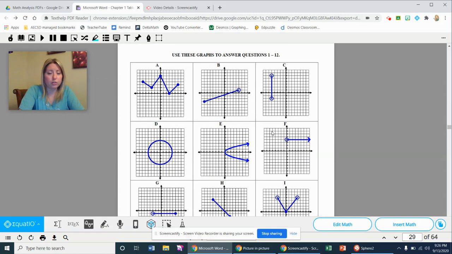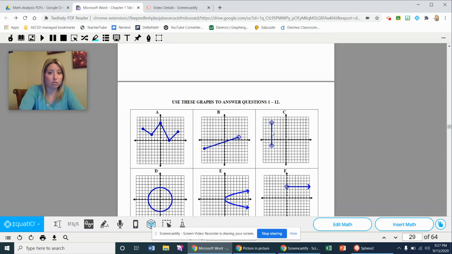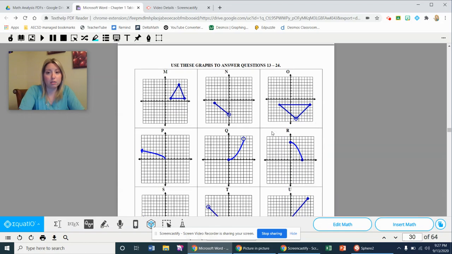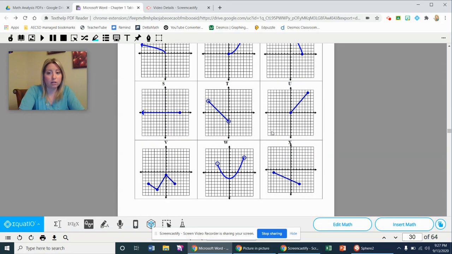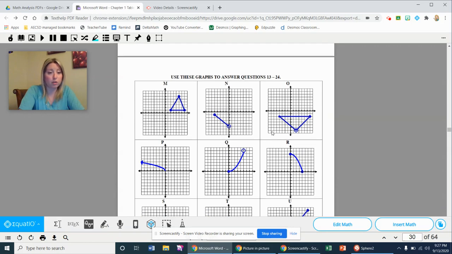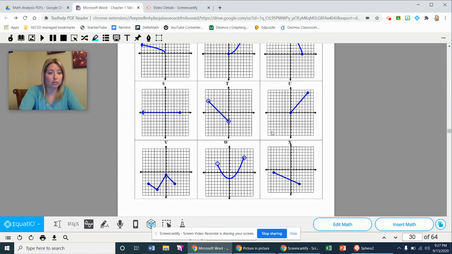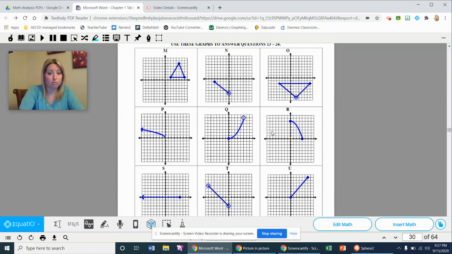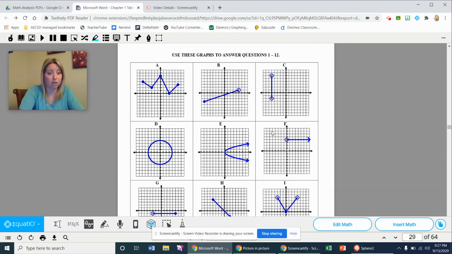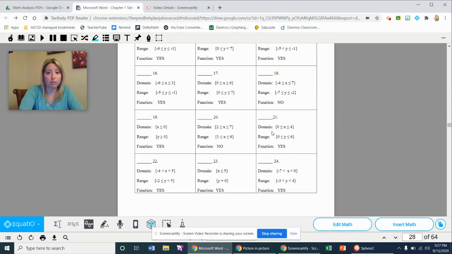So you're using graphs A through L for questions 1 through 12, and you're using graphs M through X for questions 13 through 24. Okay, so those will match up. These are some matching things. I would say feel free to cut them out, but no, don't do that because that'll cut up your whole packet. These are back to back anyway. So you can see, match these guys up.